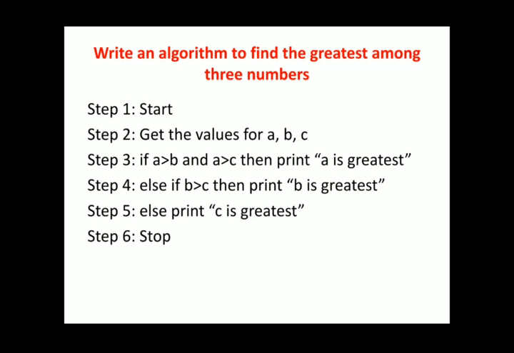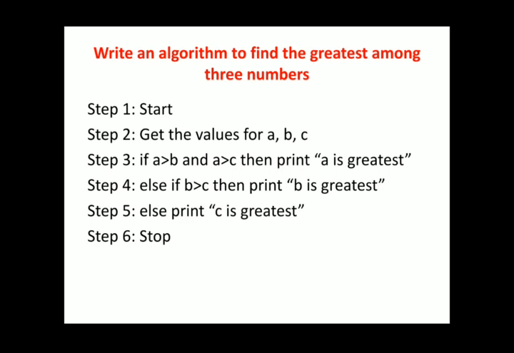In order to check whether the first number is the greatest, it should be compared with the remaining 2 numbers. The same logic is used in step 3. If A is greater than B and C, then A is the greatest number.